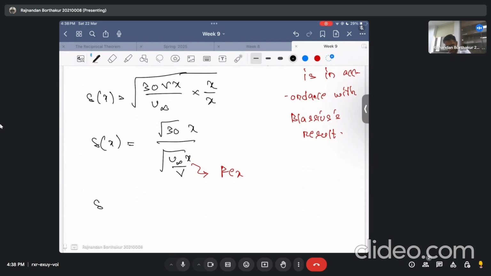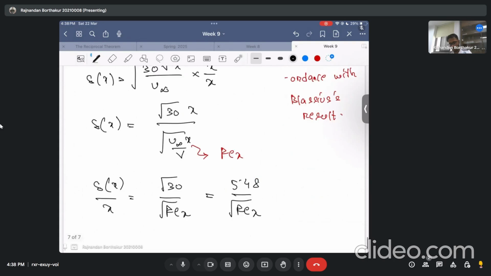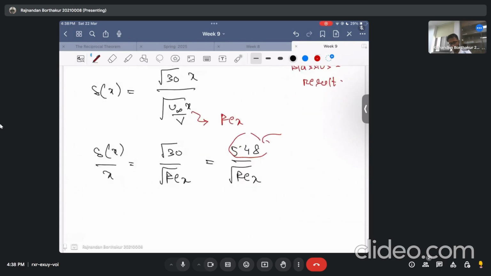Which means that delta by x varies as root 30 by square root of Re_x. And then if you evaluate this root 30, you will see that this comes out to be around 5.48 by square root of Re_x. Okay. And this is very close again to Blasius's result.